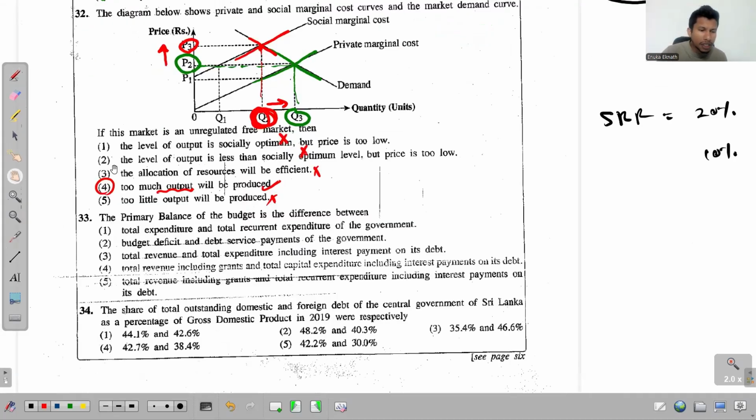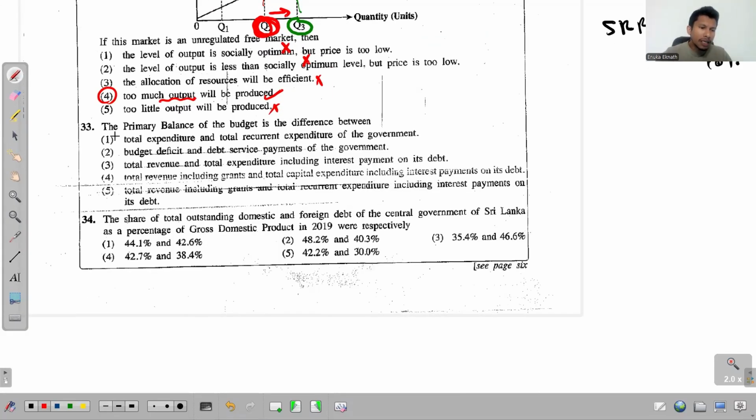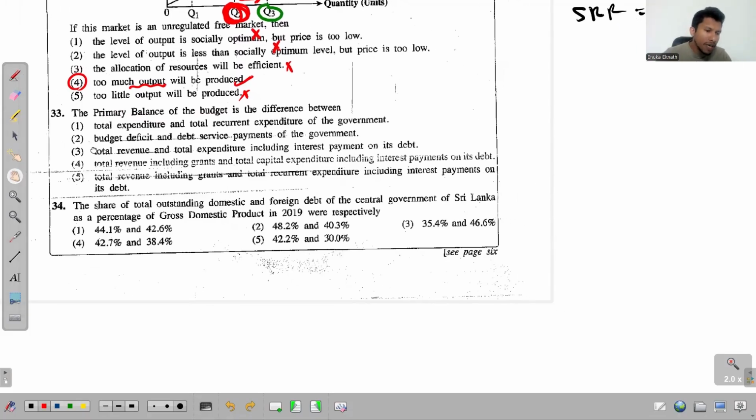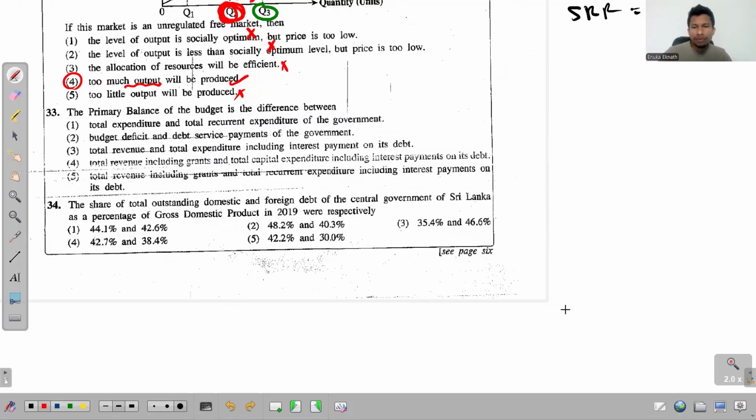Right, now look at this question 33. In question 33, it says the primary balance of the budget is the difference between... Okay, so what do we know with regard to this primary balance of the budget? Let me just show you the equation. Primary balance of the budget is simply equal to total government receipts.